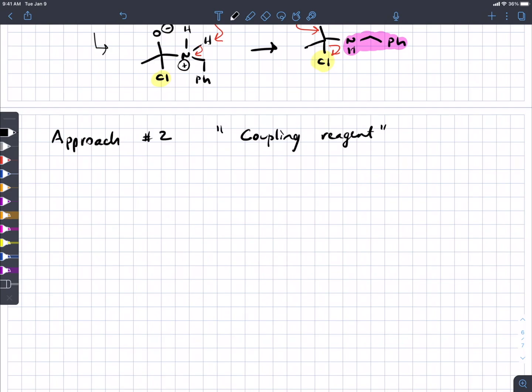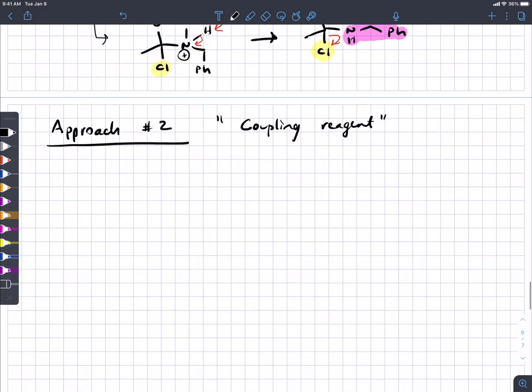The coupling reagent is going to transform the OH group into a good leaving group that lacks an acidic proton, but it's not going to be as reactive as the acid chloride or prone to the same sorts of competing reaction issues.